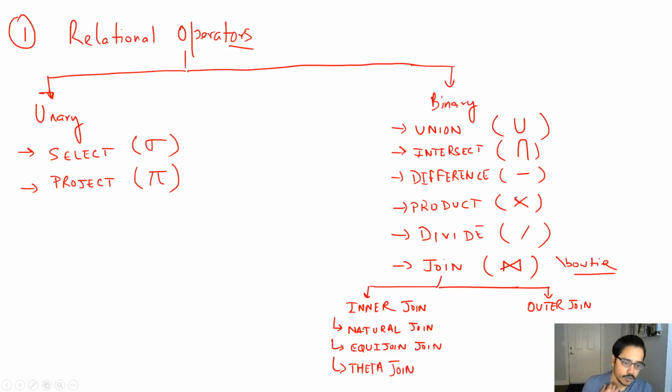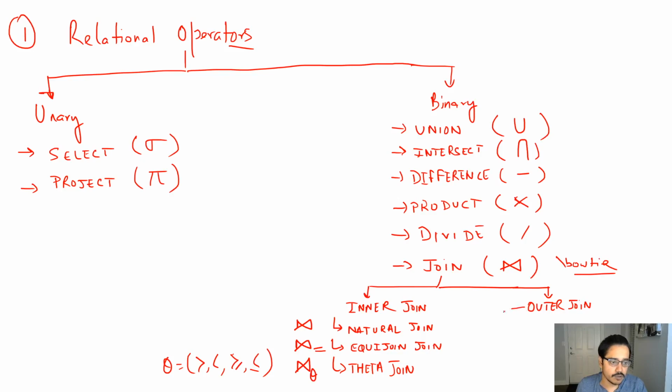The natural join is represented by, of course, the bow tie. The equijoin is represented like this, and the theta join is represented like this, where the value of theta can be greater than, less than, greater than or equal to, and less than or equal to.